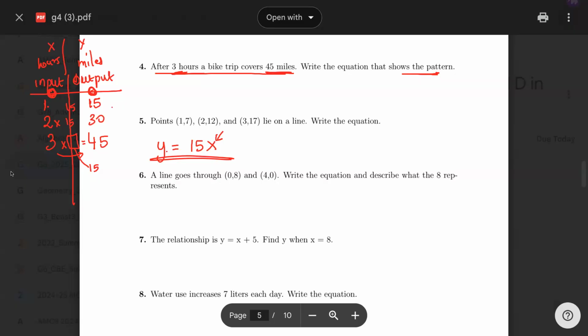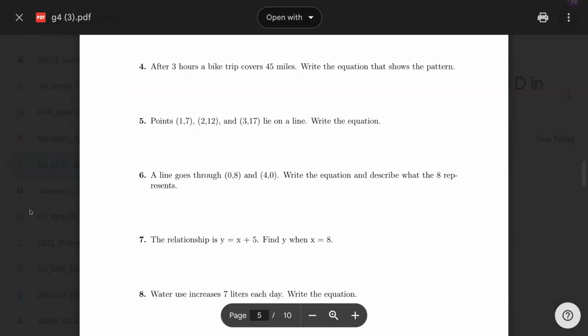But then I realized that it would always be divided by 15, because 45 divided by 3 would equal 15. So far what I've got is y equals 15x. Good job, Sanskriti.